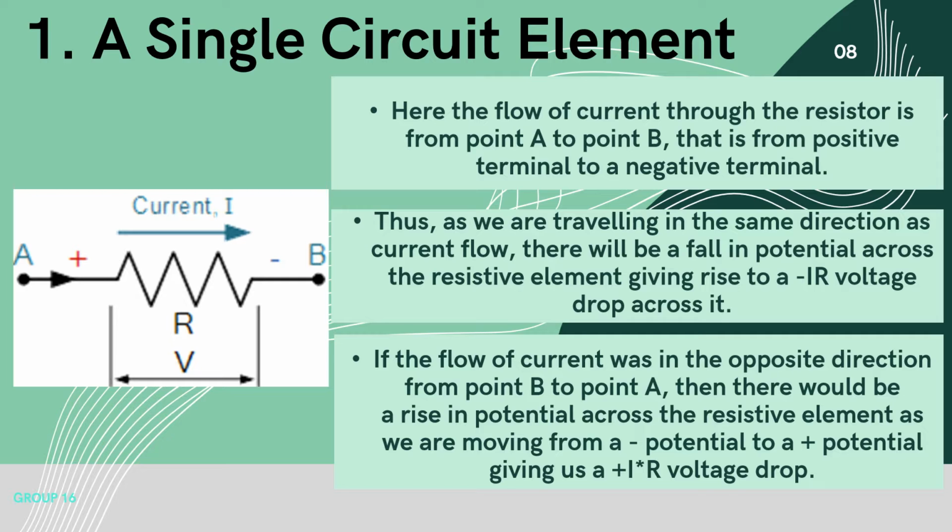Thus, as we are traveling in the same direction as current flow, there will be a fall in potential across the resistive element, giving rise to the negative IR voltage drop across it. If the flow of current was in the opposite direction, from point B to point A, then there would be a rise in potential across the resistive element as we are moving from a negative potential to a positive potential, giving us a positive IR voltage drop.